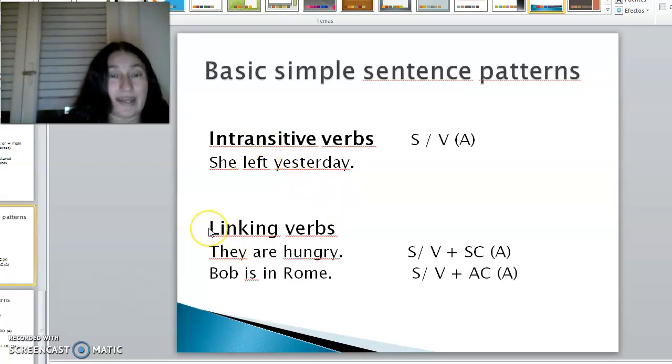Then another kind of verb is the linking verb or copula verb, which requires an obligatory complement. When we talk about complements, we are talking about obligatory elements within sentence structure. The first example reads, they are hungry. We have a subject and a linking verb, and a subjective complement.